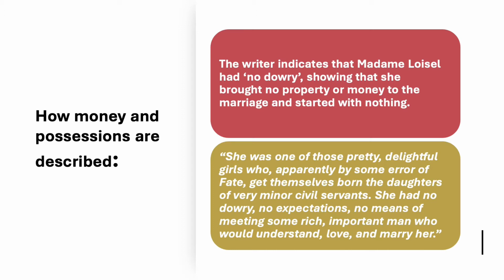At the same time, he brings to the table the worth of wealth for a man, enabling him to marry a pretty, delightful girl just because of his money and possessions. And also, the author expresses his sympathy towards the main character for being born to a lower middle class that prevents her from meeting a rich, important man to marry.